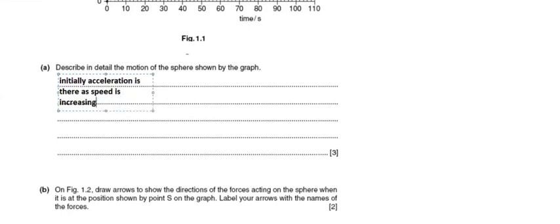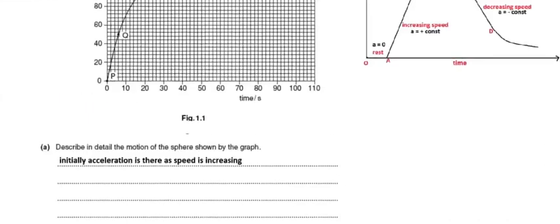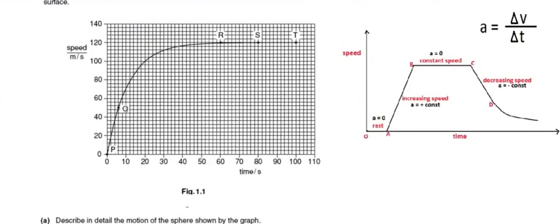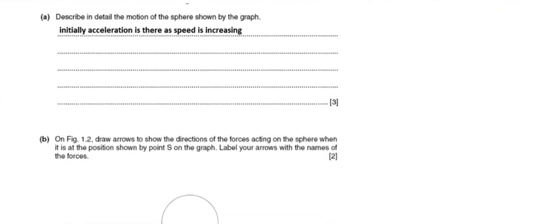Okay, initially there is acceleration because speed is increasing. Here you can see we are talking about from P to Q. Then here we can say the acceleration is getting less. Okay, that could be our second point.